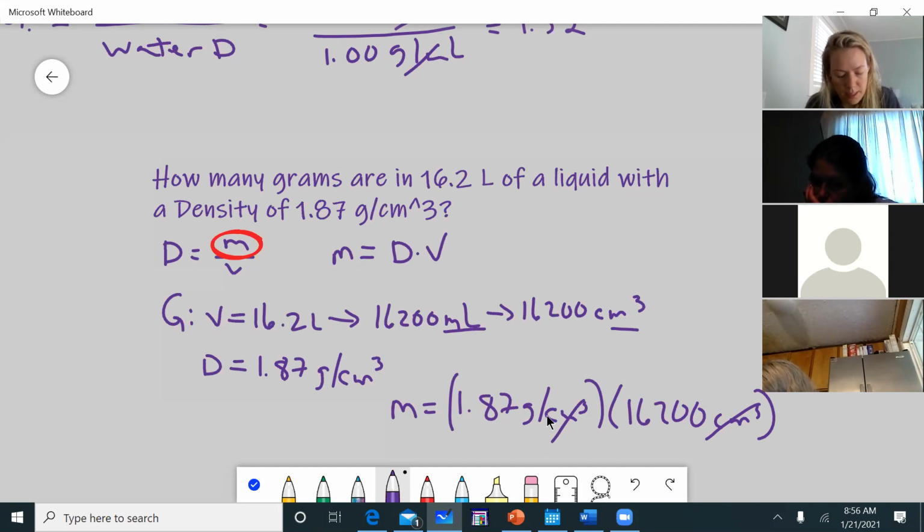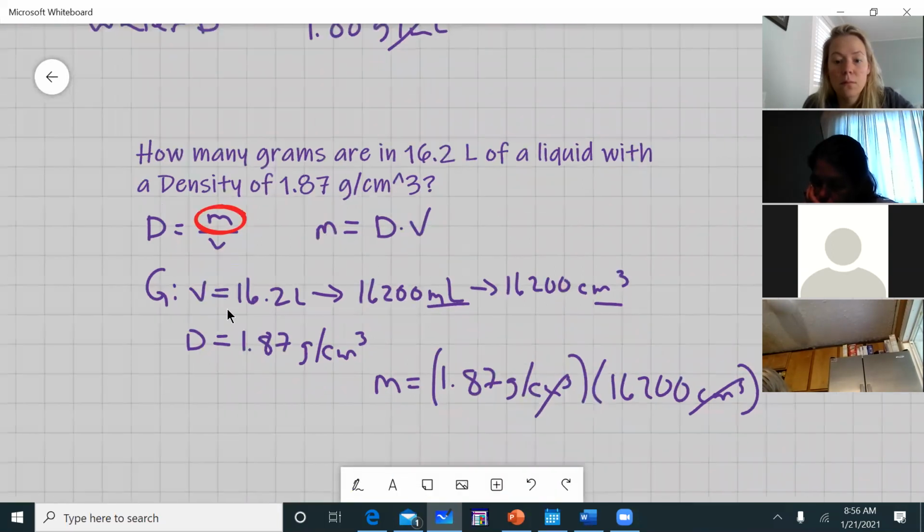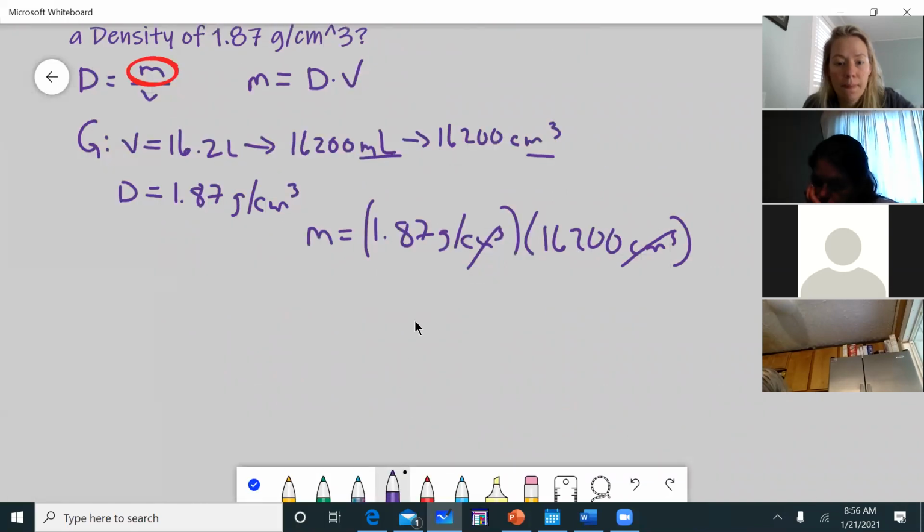So as far as plugging it in, 1.87 times 16,200, I get 30,294 grams.